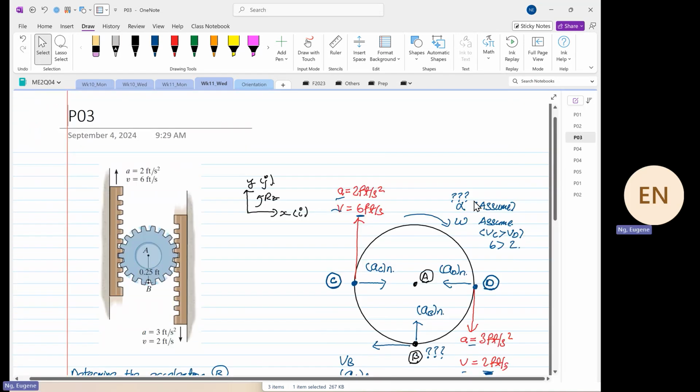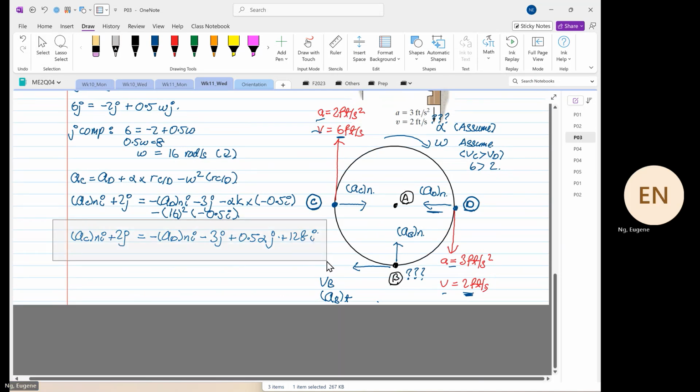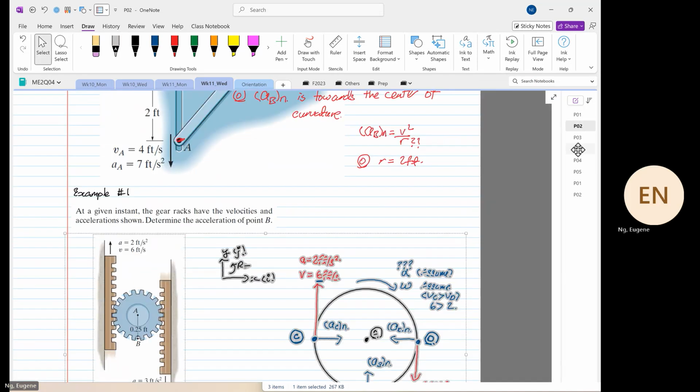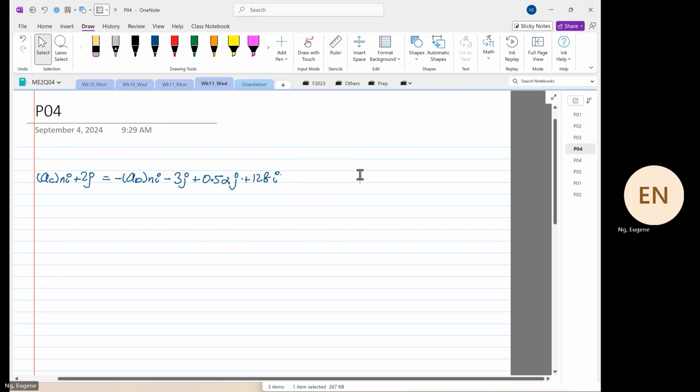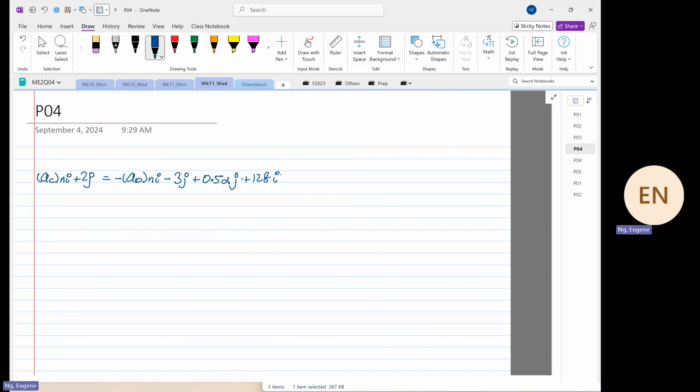So from here we can write down our J component: you have 2 minus 3, plus 0.5 alpha, right? And then we can solve this.